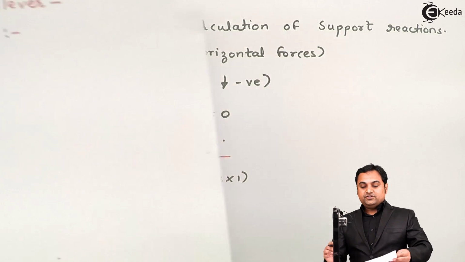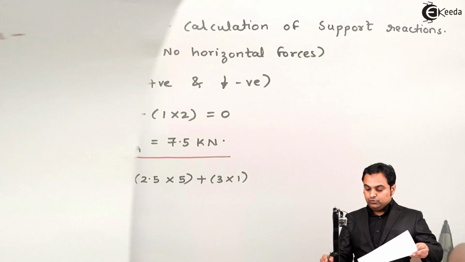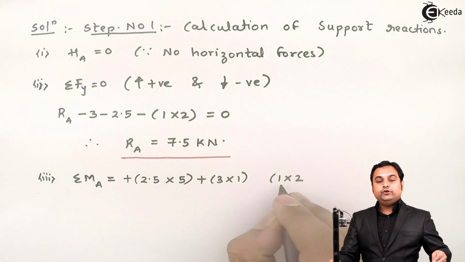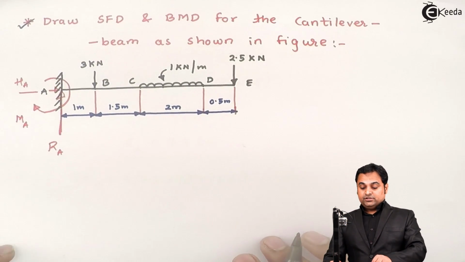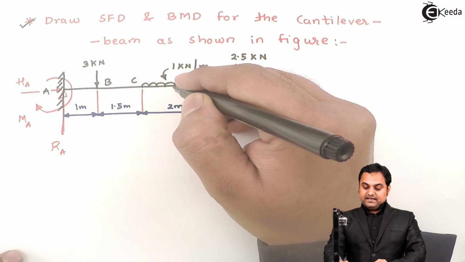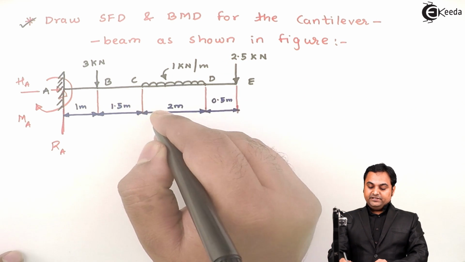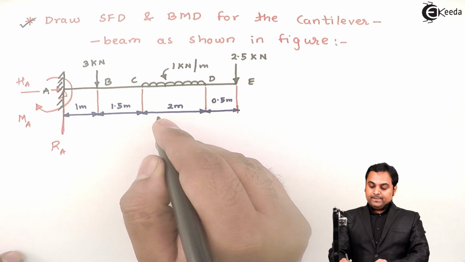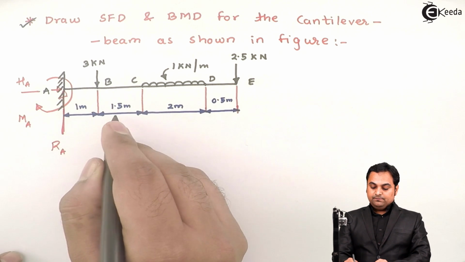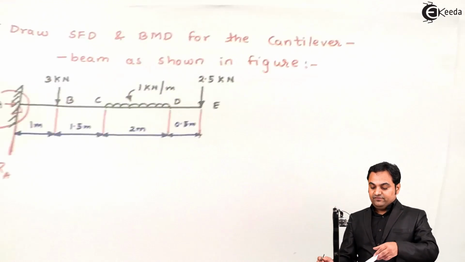Then there is UDL. This UDL will be converted into point load, that is 1 into 2. So first 1 into 2, that is I have converted UDL into point load. Next, if I convert the UDL into point load, that load will be acting exactly at half of 2, that is it will be at 1 meter from point C. And next, if I take the distance from A, that will be 1 plus 1.5, that is 2.5, plus 1, it is 3.5.